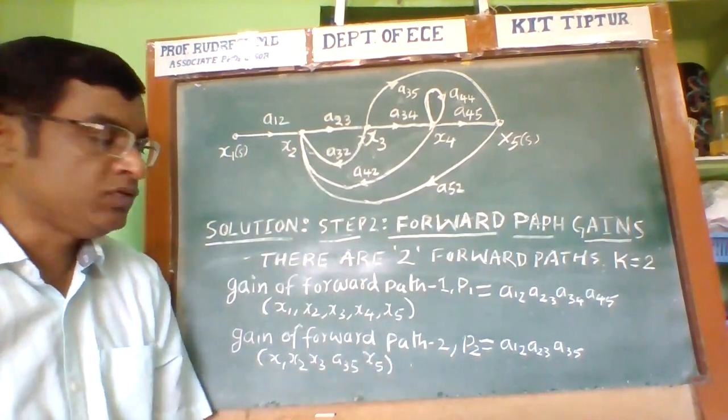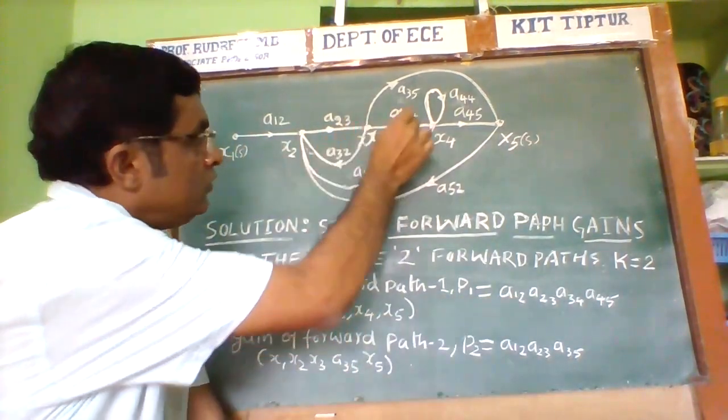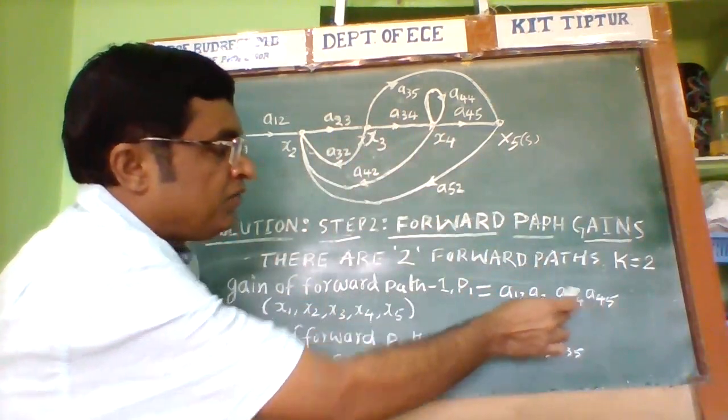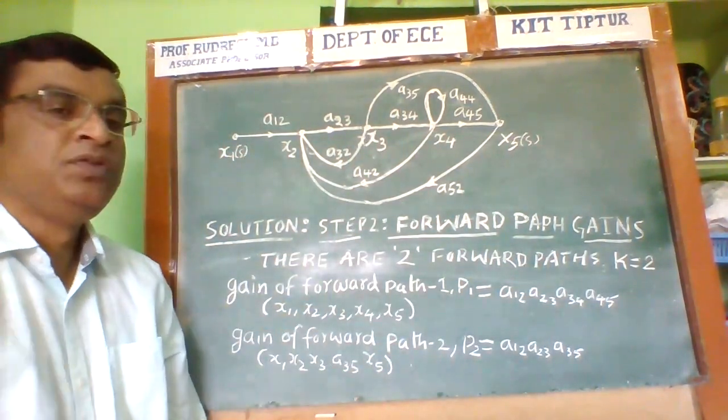Therefore, we multiply A12, A23, A34, and A45 to get the gain of the first forward path.